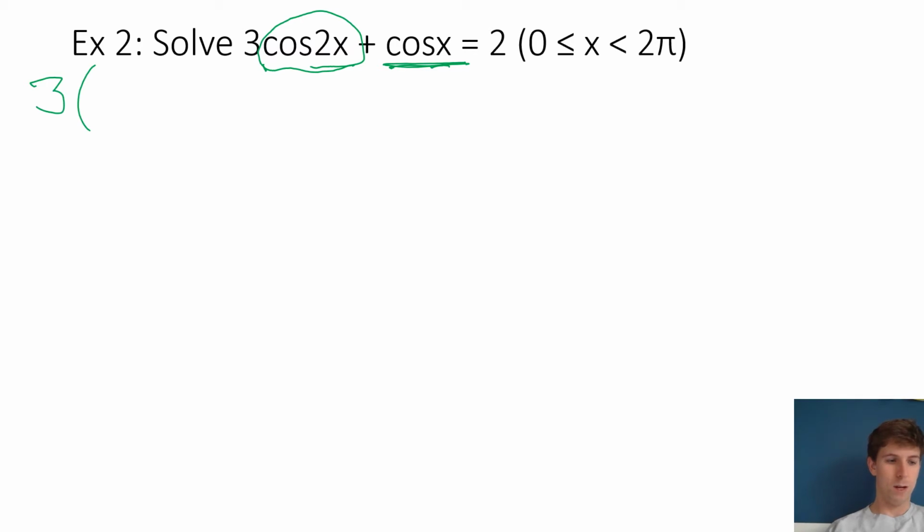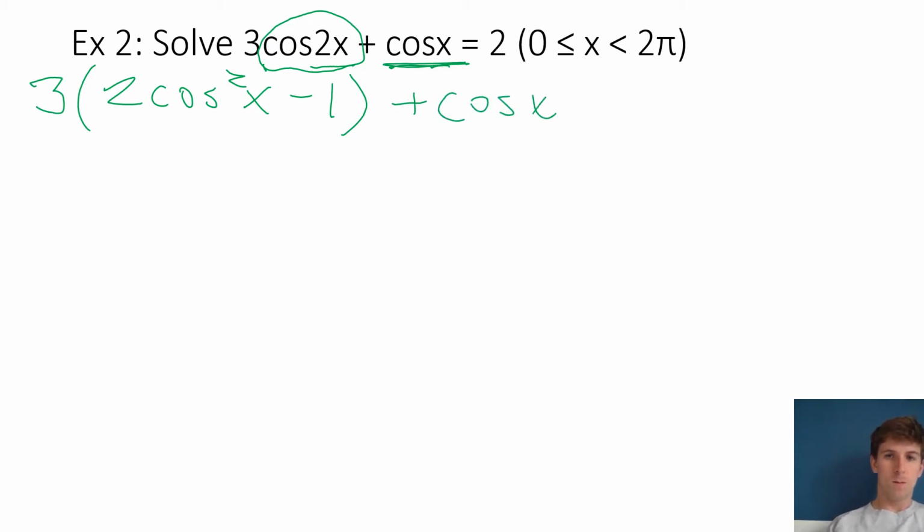So I'll have 3 times 2 cosine squared plus cosine x equals 2. Sorry if I do a bunch of tongue motions while I try to concentrate. That's something I do. Anyway, I'm just going to multiply through by the 3 here and bring that 2 over.